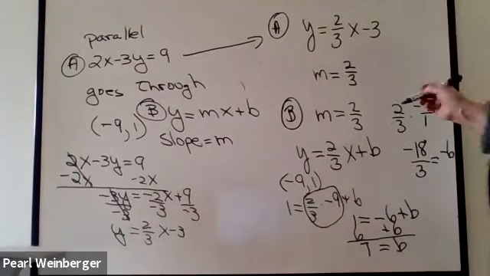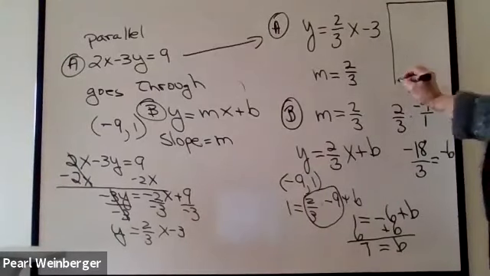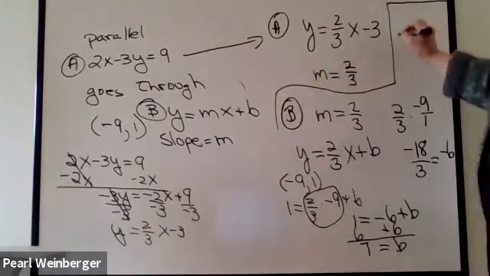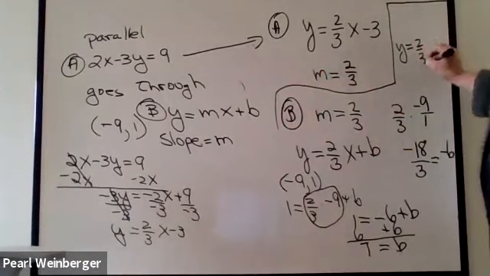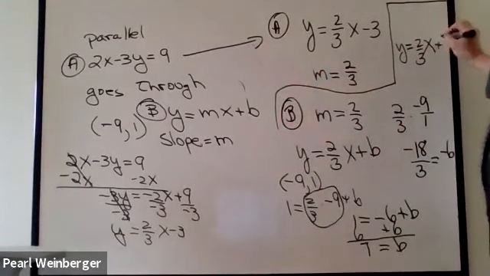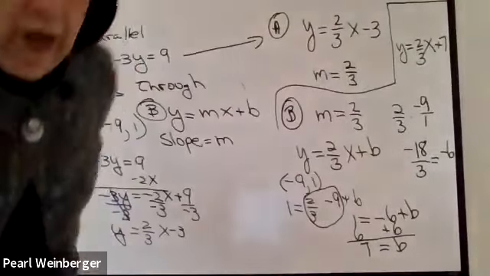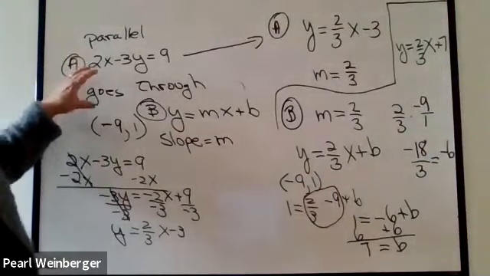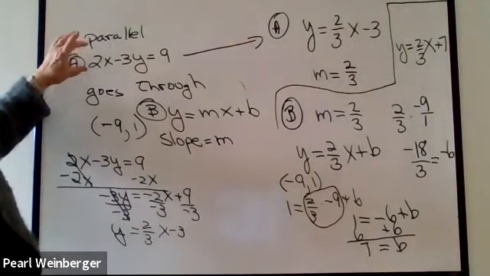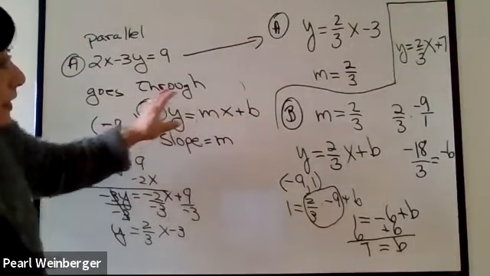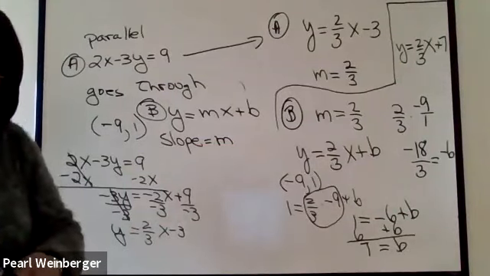So now I know all the facts that I need to know about writing the equation of my line B. Here's my equation. y equals, my slope is 2/3, so it's 2/3 x, and my b is 7. So I put the original line in y equals mx plus b form to find the slope. Once I have the slope of my old line, I now know what the slope of my new line is, and then I just stick in the point to get the b.